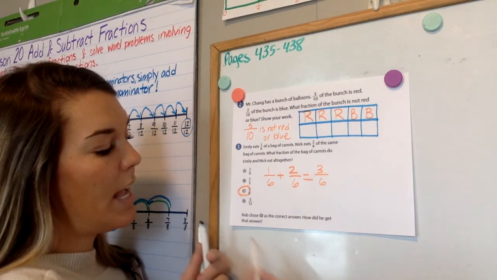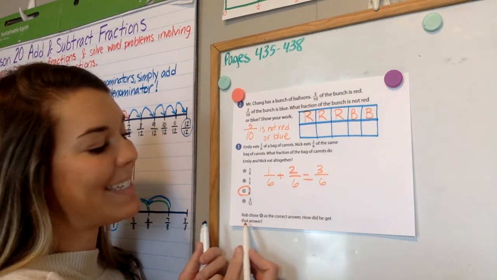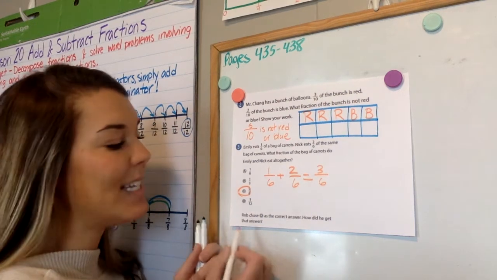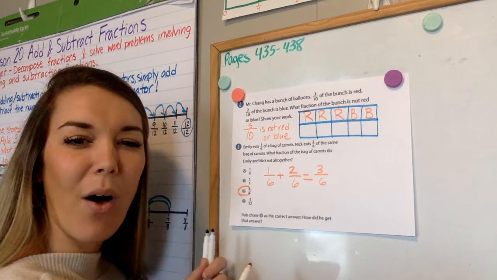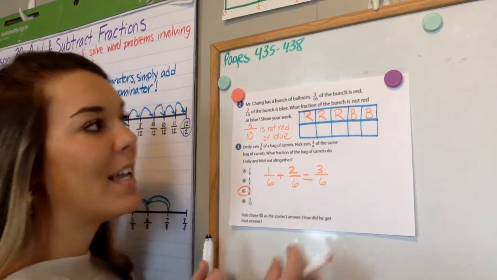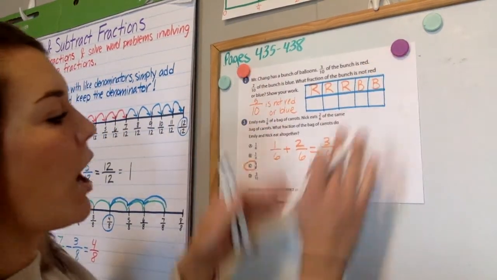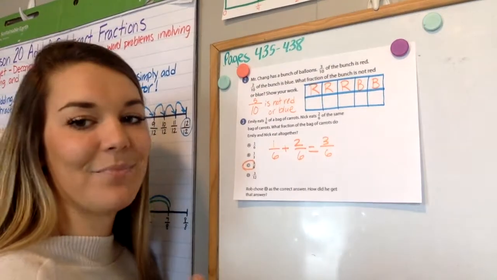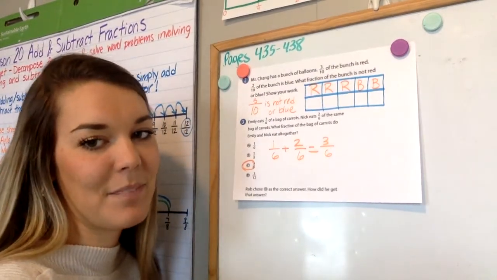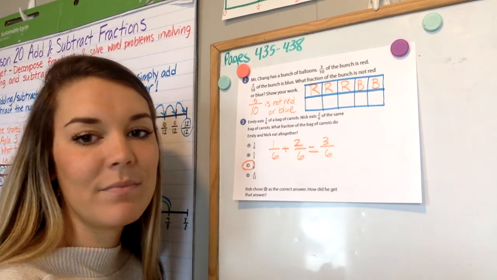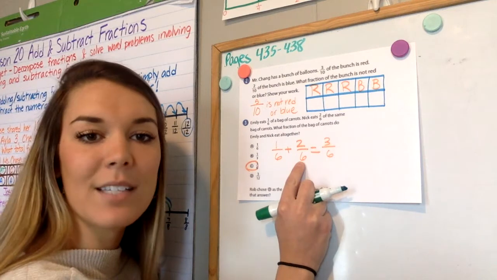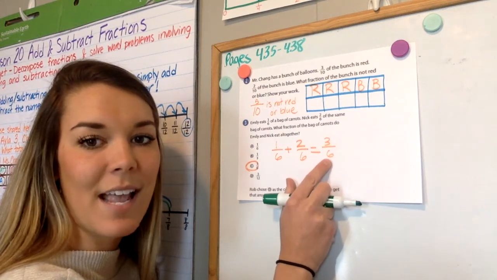And then underneath it says, Rob chose D as the correct answer. How did he get that? So D says 3/12. I want you guys to think of some ways that Rob could have gotten 3/12. Well, if I look at my problem, I think I know what Rob did. My denominators are 6 here, but I know when I'm adding with like denominators, it just stays the same.